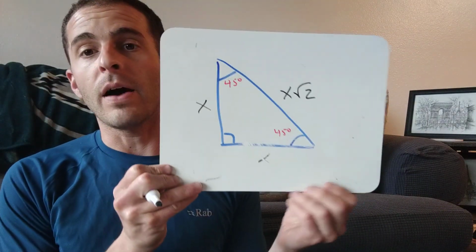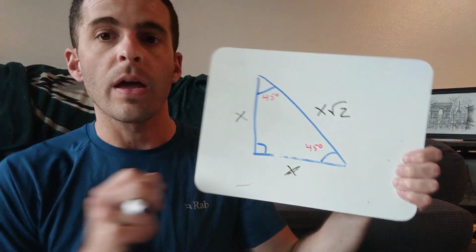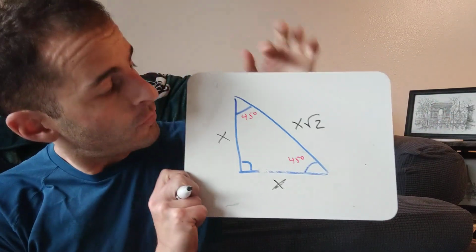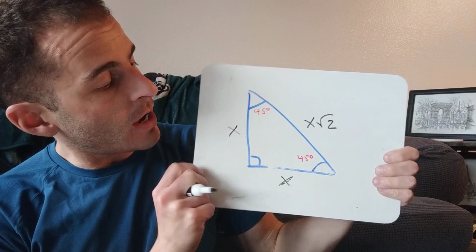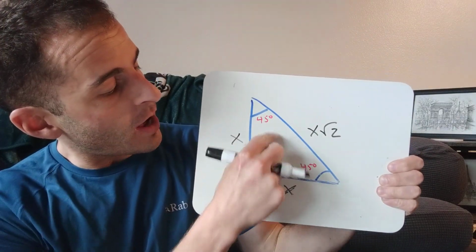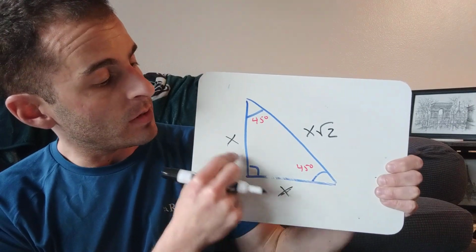When you unpause, I want you to copy down this triangle, that I just ruined, and I did so nicely. It is a 45-45-90 right triangle, and the sides opposite the 45s have the same length.